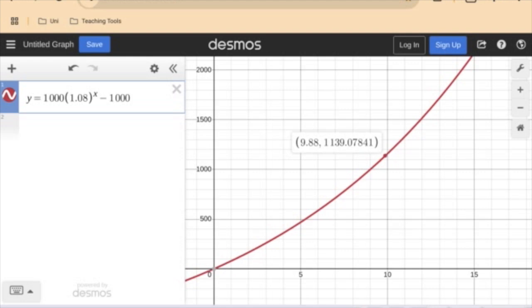If I go all the way up to 10, you're going to see 1159 rounded up. So obviously the skill is you're going to have to remember how to plot these points, which we've looked at in the previous video, and just connect the dots. But the type of graph we're going to expect is going to have a little bit more of a curve to it, other than just the straight line.